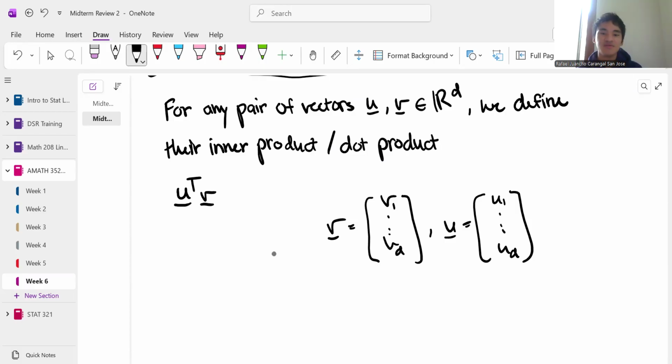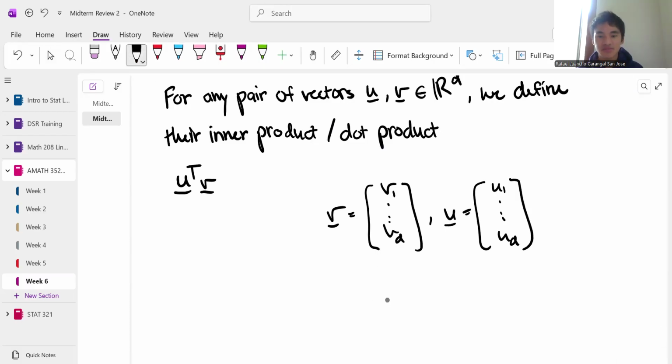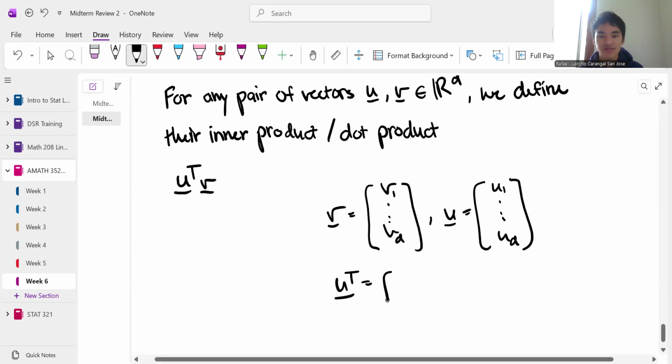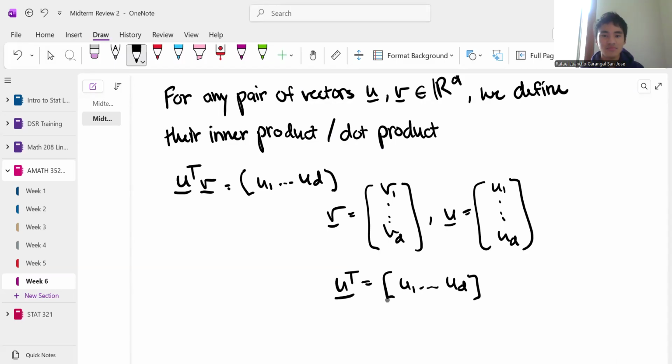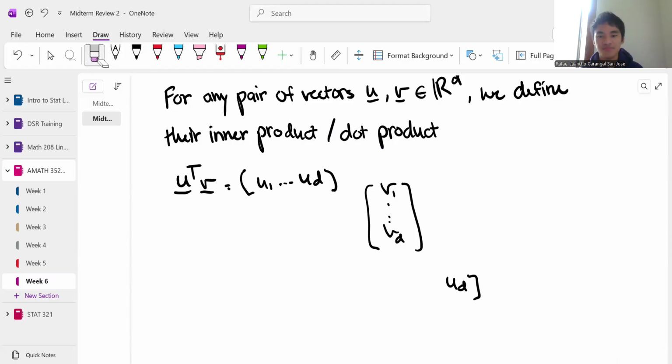Transposing it, that's what T is for. U transpose is basically turning it into a row. And there is a reason why we do that.